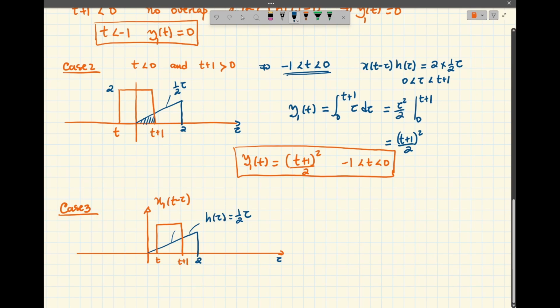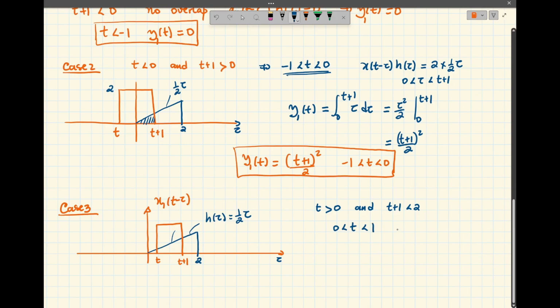So for this scenario, we have t bigger than 0 and t plus 1 is less than 2. So that means 0 is less than t less than 1.